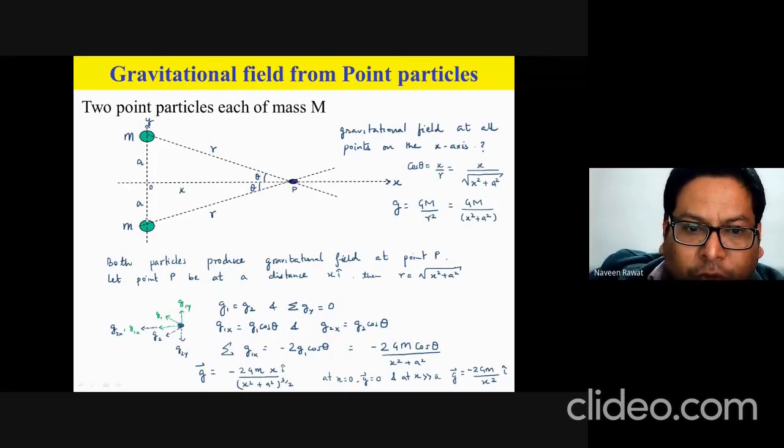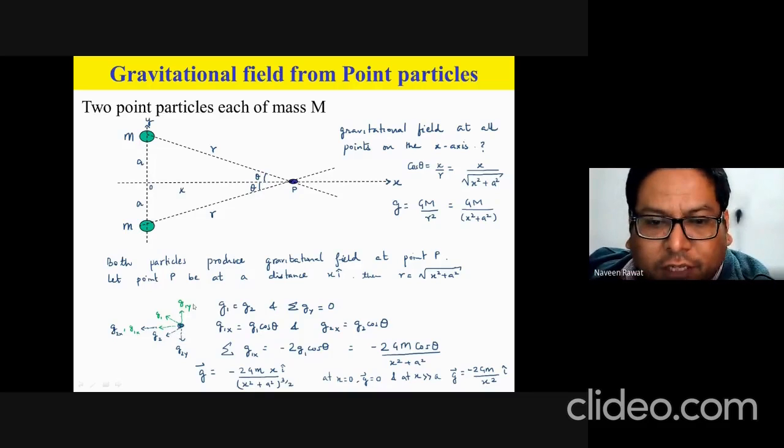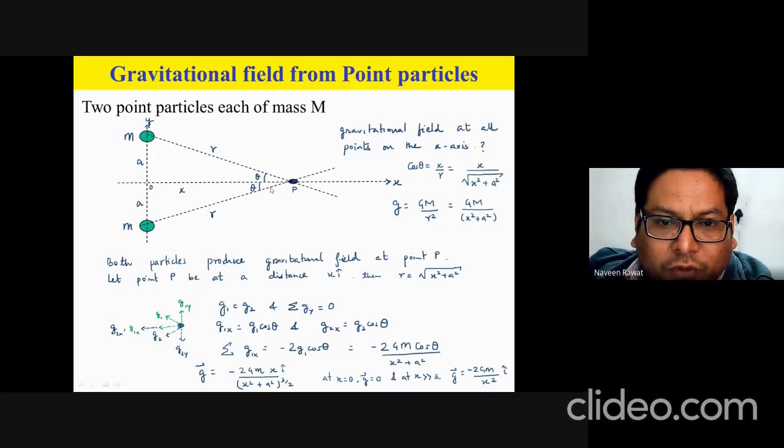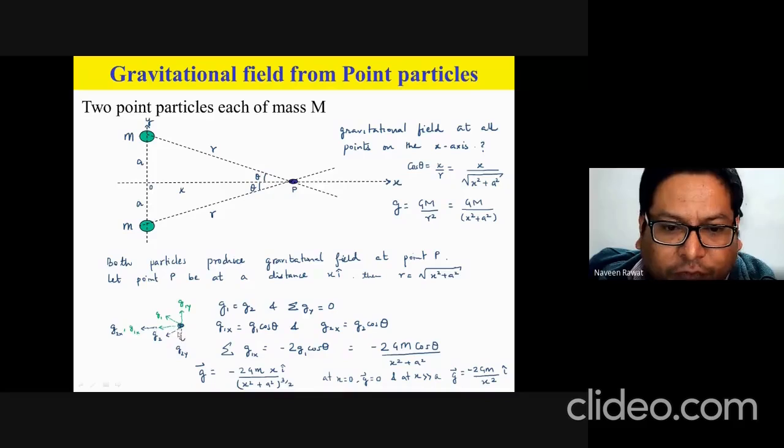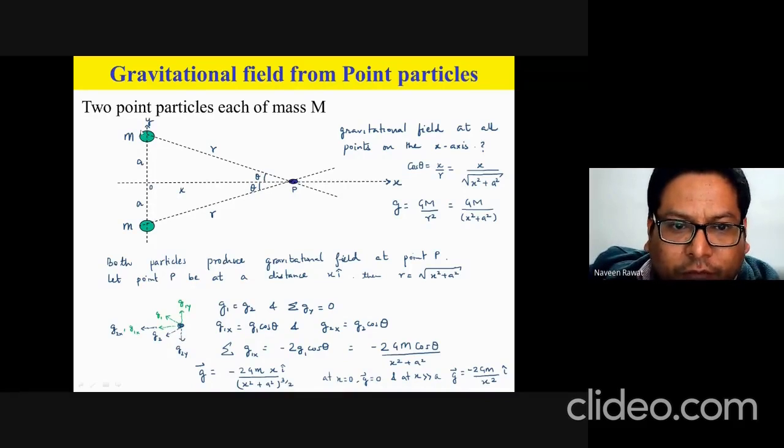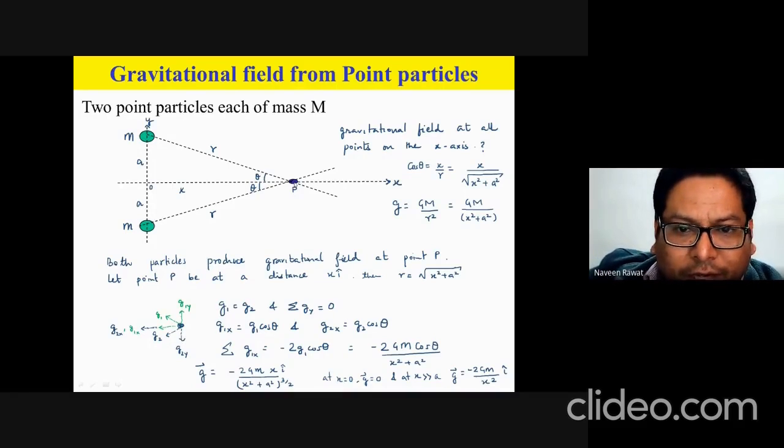One of the fields created by this particle here, M, will be pointing in this direction, G2. We can decompose it into two vectors, one in the x direction and one in the y direction. Similarly, this mass here is going to create a gravitational field at this point.